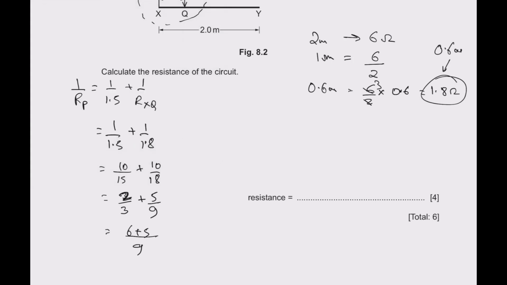Okay, let me check. So Rp will be equal to 18 upon 37... let me recheck.